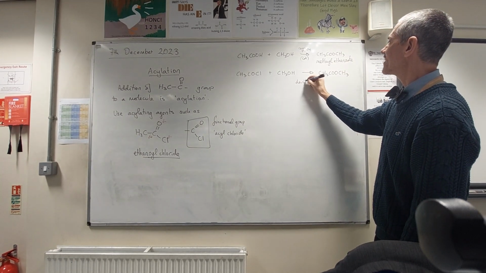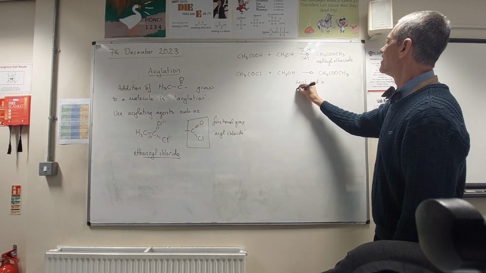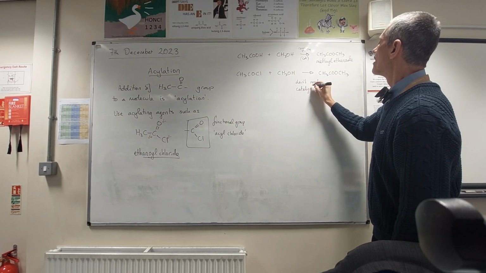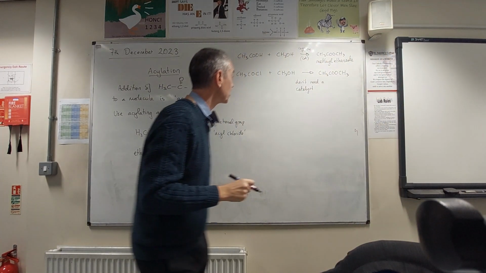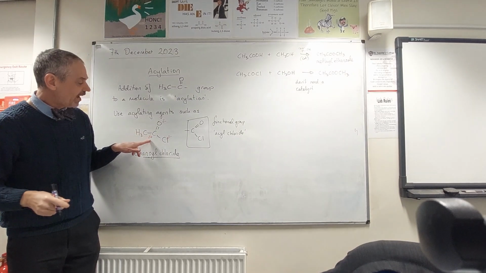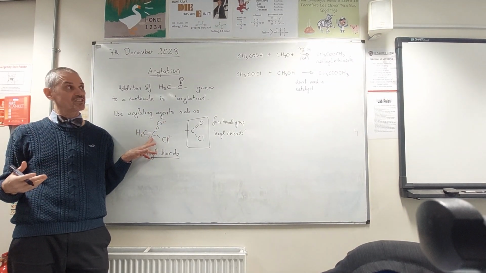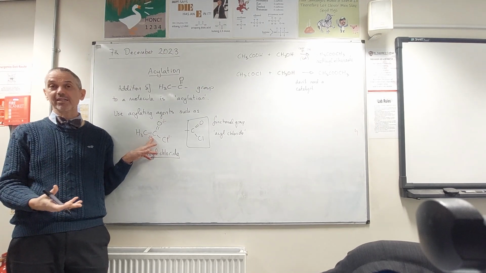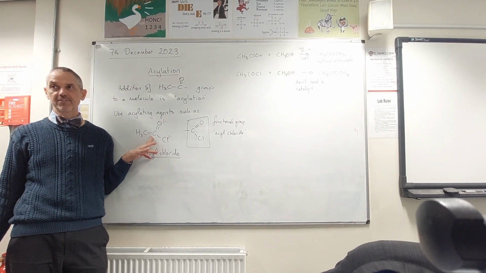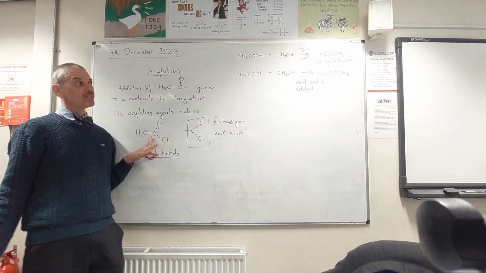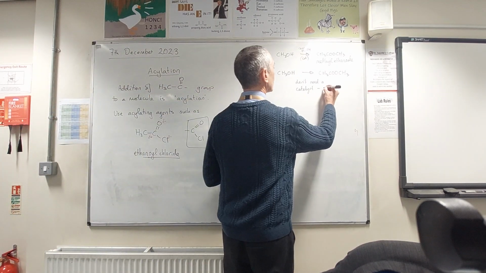Why don't I need a catalyst? It's very reactive, so it can lose the chlorine at a low temperature. Right, gorgeous. Yeah, because the carbon is more reactive, or more delta positive, the reaction will go at room temperature with no catalyst.